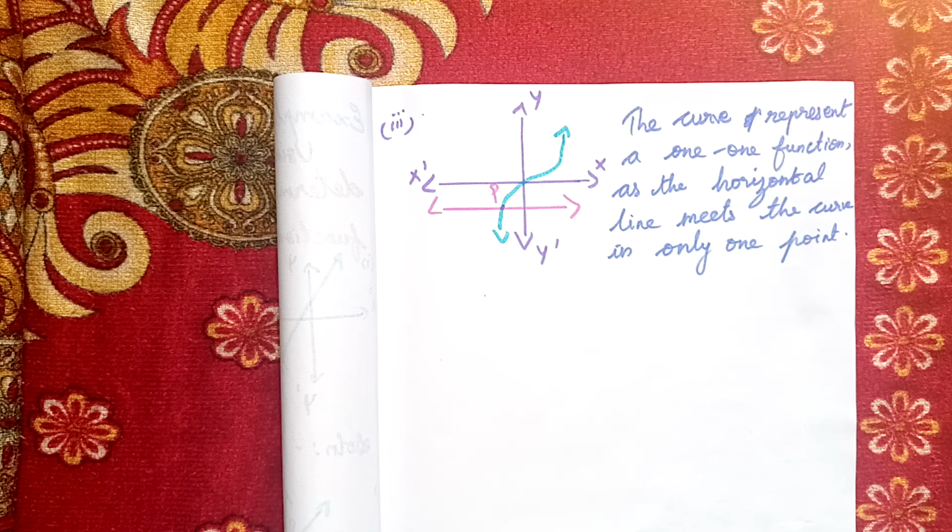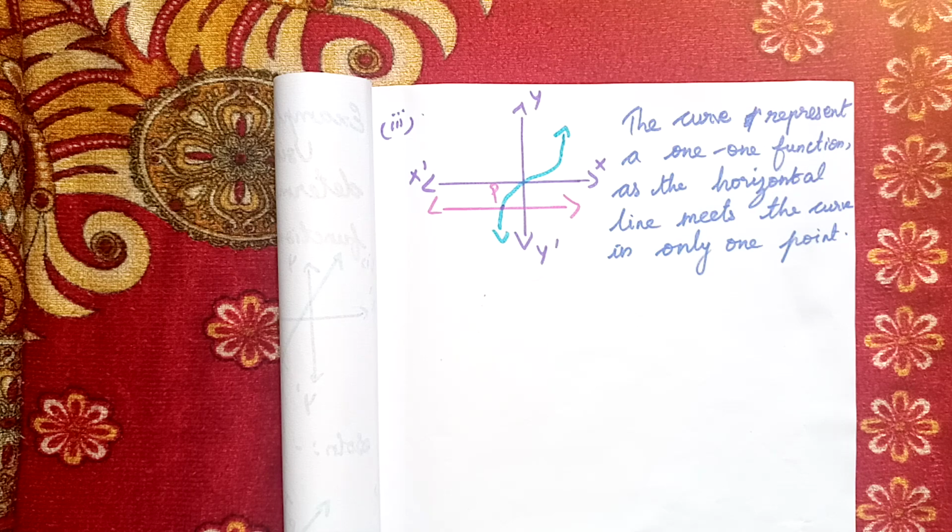In other words, we can say range is equal to codomain means an onto function. Next, what is an into function? Range is a subset of codomain means an into function. What is a one-one and onto function?